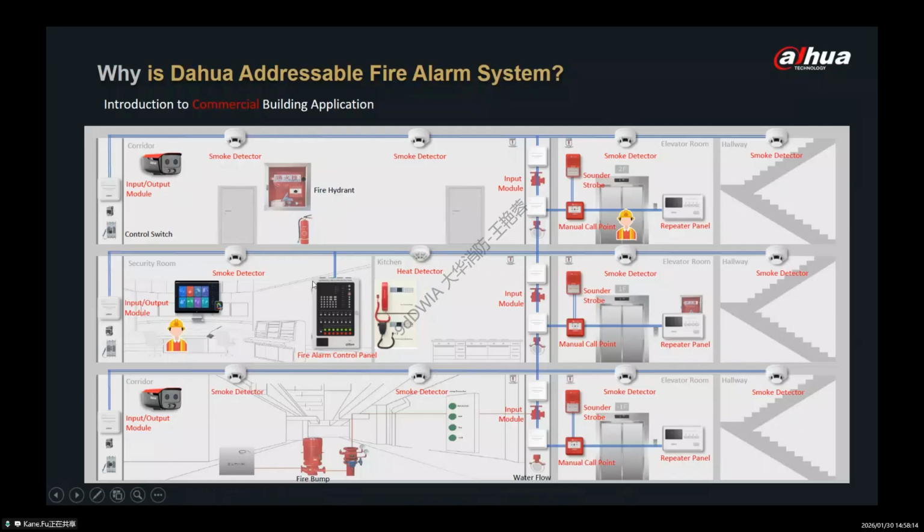For the specific deployment, besides the FACP, we can also install the broadcast and telephone system here. And the linkage module can access the fire water system to make monitoring and control, and also the fence control system, like that.